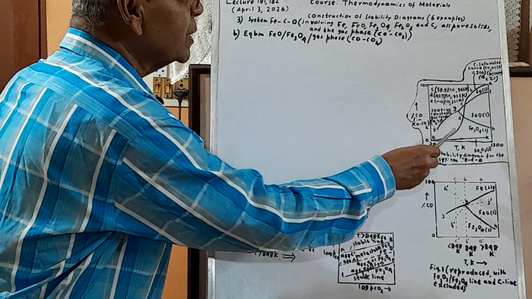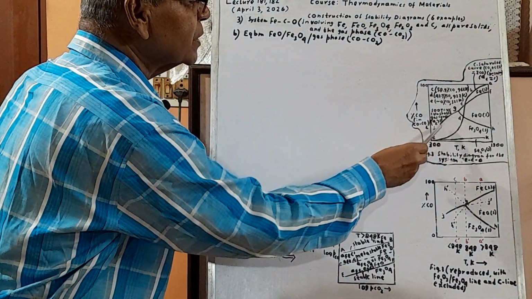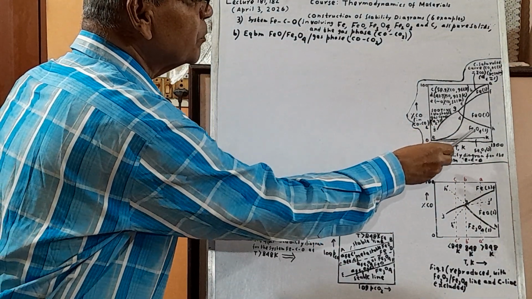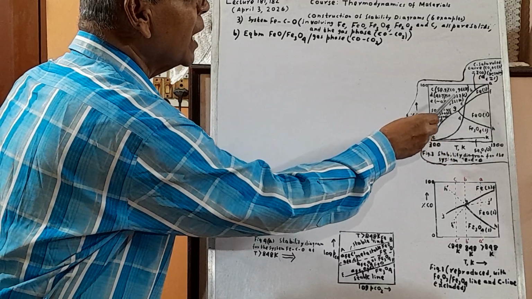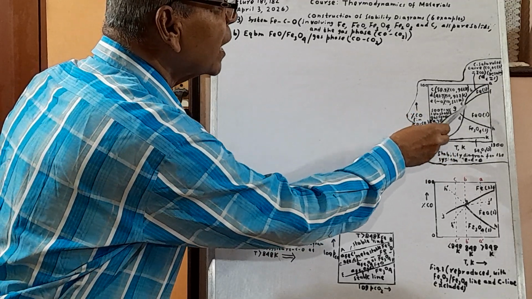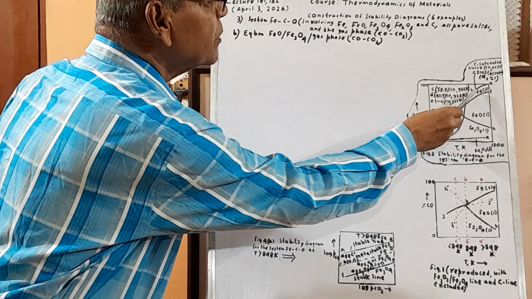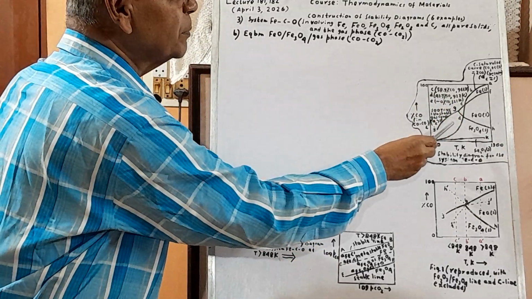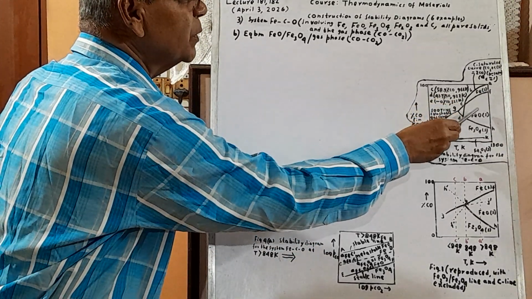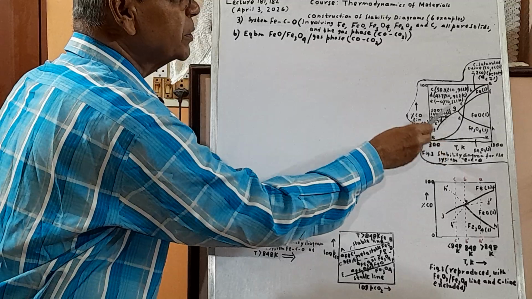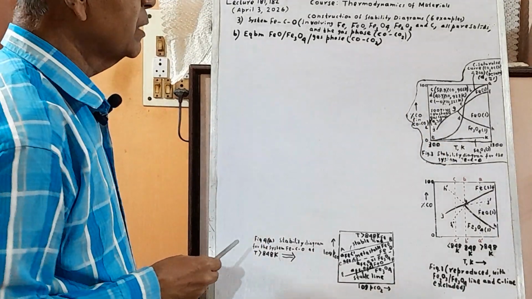Third case will be this curve, GJ, that will be Fe3O4 and Fe. Fe3O4, FeO, Fe3O4, Fe, these three curves.